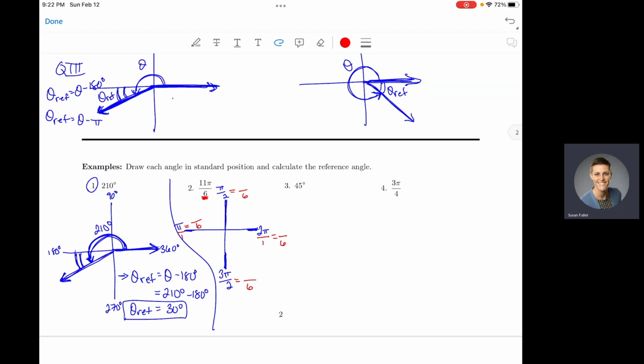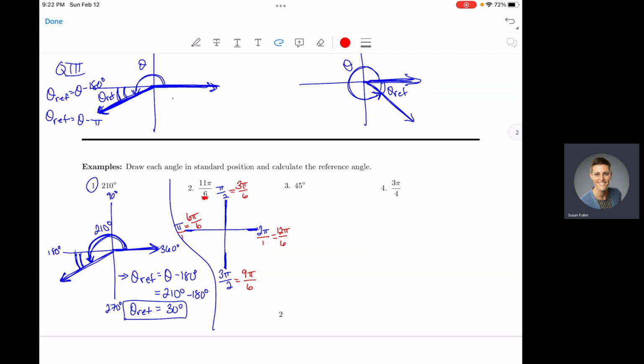Let's start up here with pi over 2. To get a denominator of 6, I multiply top and bottom by 3. That means pi over 2 is 3 pi over 6. Pi over 1, multiply top and bottom by 6, turns into 6 pi over 6 radians. Down here, 3 pi over 2, multiply top and bottom by 3, turns into 9 pi over 6 radians. And on the right side, 2 pi over 1, multiply top and bottom by 6, turns into 12 pi over 6 radians.